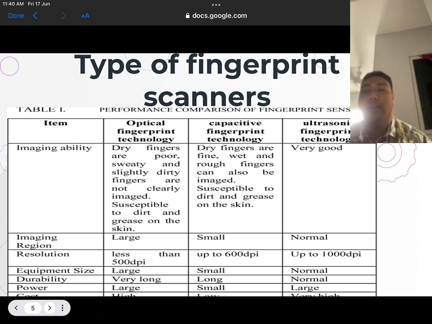So first, the optical fingerprint technology. The imaging ability is that dry fingers are poor, sweaty and slightly dirty fingers are not clearly imaged, susceptible to dirt and grease on the skin. The imaging region is large compared to other types of fingerprint scanner.